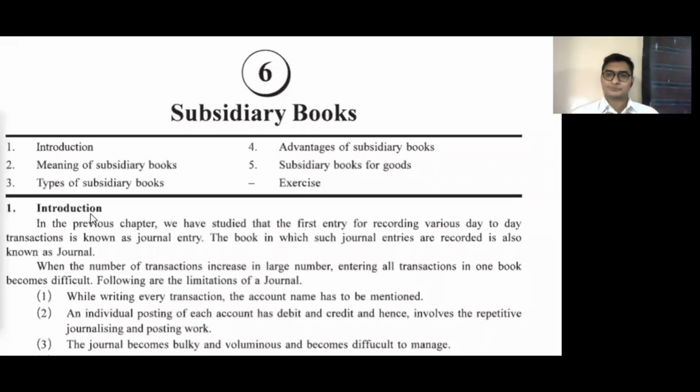Rule number two, partial cash and partial credit transaction. Say for example, if one trader has sold goods to us of rupees 10,000, we have paid 5,000 to him and the remaining is in credit.